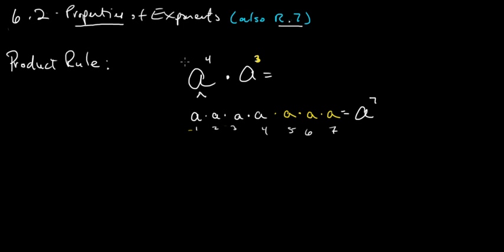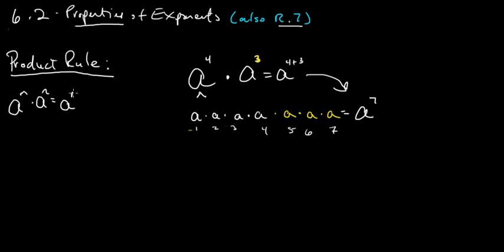Well, if I take a look at my exponents up here, I notice that 4 plus 3 is 7. That's how I get that 7. So the product rule states that whenever I am multiplying the same base, whatever the exponents are, all I really need to do is add the exponents.